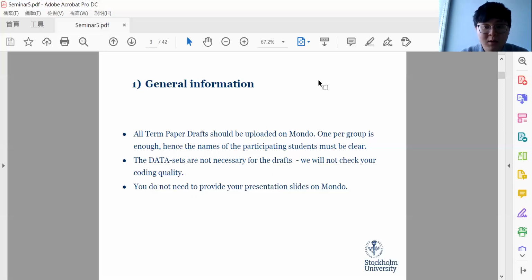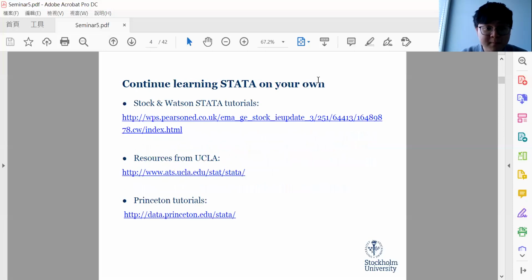So these three websites provide tutorials for Stata. If you would like to continue learning Stata on your own, you can use these three websites, because for myself, I'm not that good at Stata either, so I also need to keep learning it.